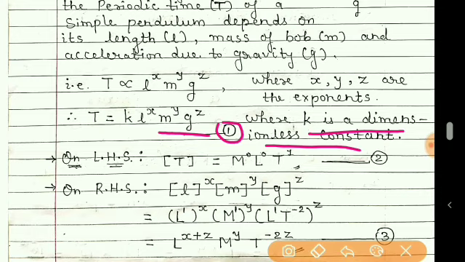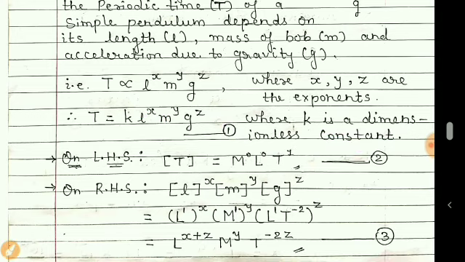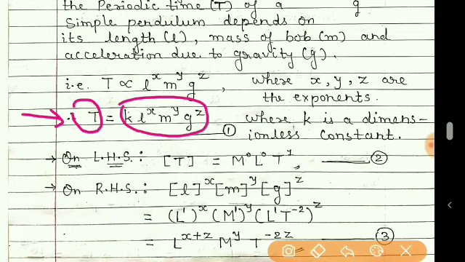Now to obtain the equation of periodic time, we need to find these exponents, that is x, y and z. For this, what do we have to do? We have to compare the dimensions on both sides, that is, the left side as well as the right hand side. On the left hand side, the dimension of T, that is time only, we can write as M naught L naught T raised to 1.